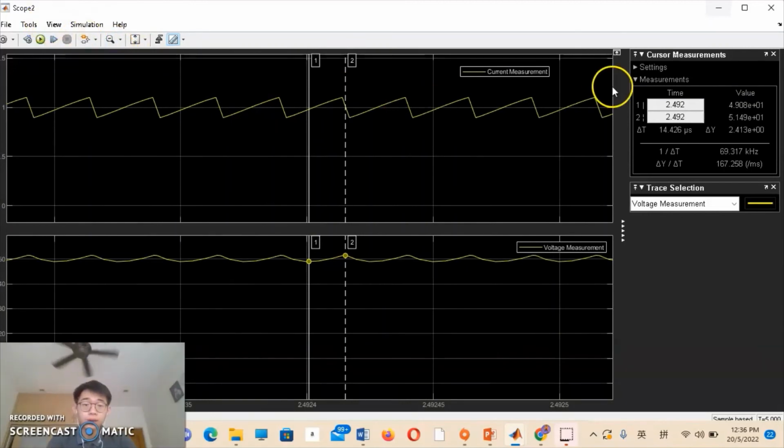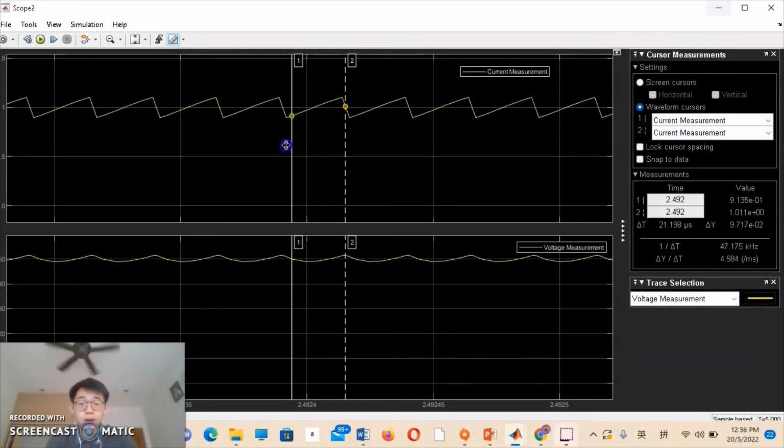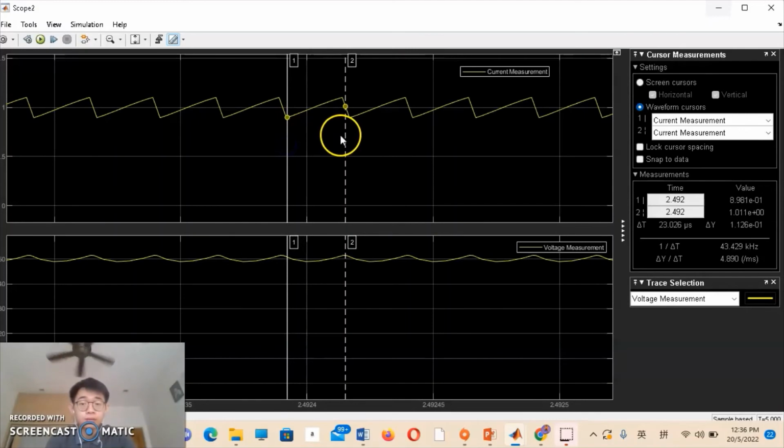Okay, now let me change it to current. Okay, so first we are going to move cursor 1 and cursor 2 around so that we can have a look at the minimum inductor current as well as the maximum inductor current.